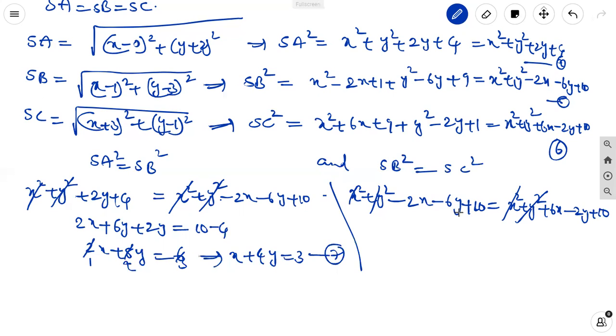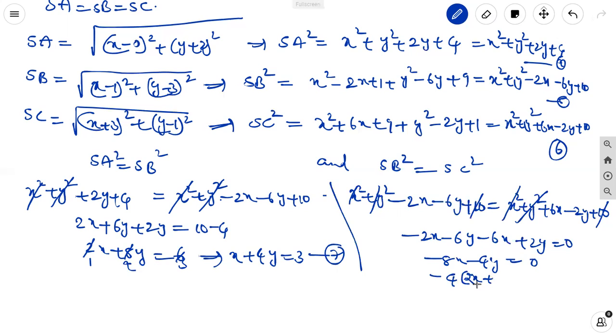X, y terms are taken to the left side, constants are taken to the right side. Here plus 10 is also cancelled. Here minus 2x minus 6y minus 6x plus 2y equal to 0. It's minus 8x minus 4y equal to 0. Minus 4 is taken common: 2x plus y equal to 0. So 2x plus y equal to 0 is the 8th equation.